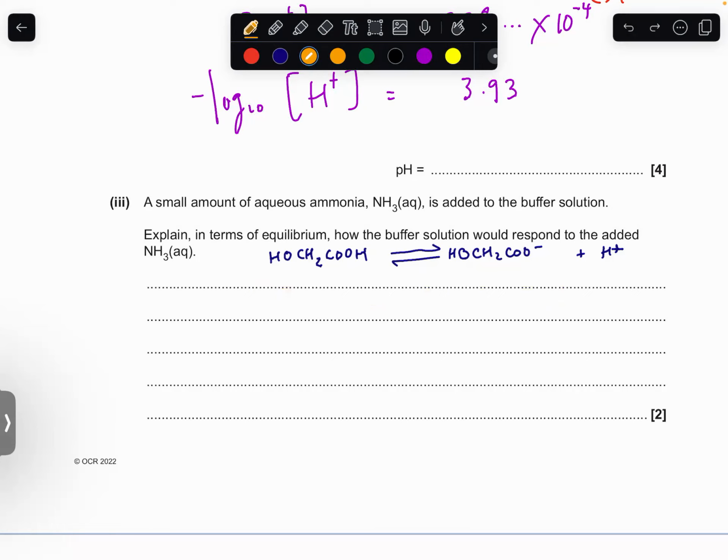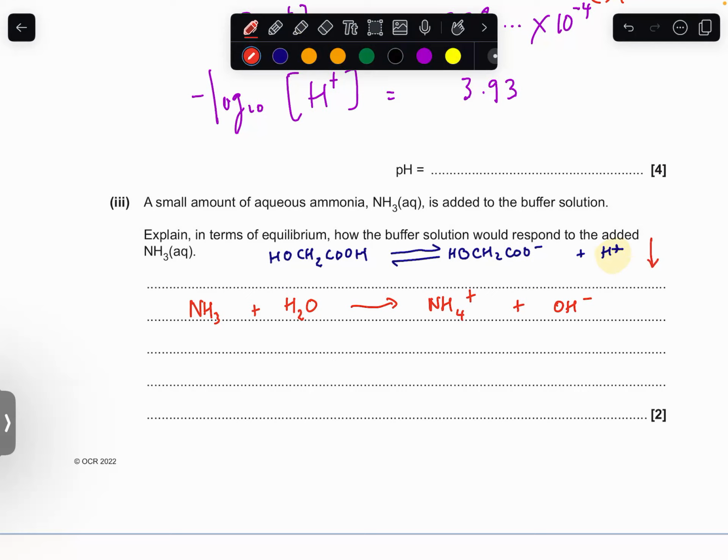So it's asking what happens when you add a little bit of ammonia. When you add ammonia to an aqueous solution, it reacts with the water to give you NH4 plus and some hydroxide ions. Those hydroxide ions will then react with the H plus and decrease the H plus concentration.